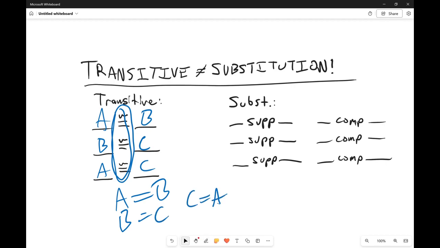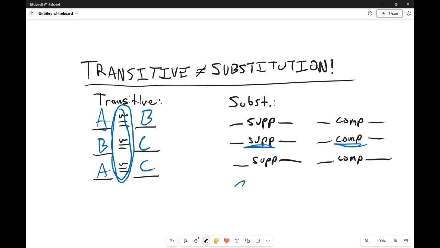But for substitution, it can't be congruency or equals. That's saying like you're putting in a different thing, like supplementary, complementary, or just anything else. So it's like the equivalent of saying like 2x plus 4 equals 8 and x equals 2. That's substitution.